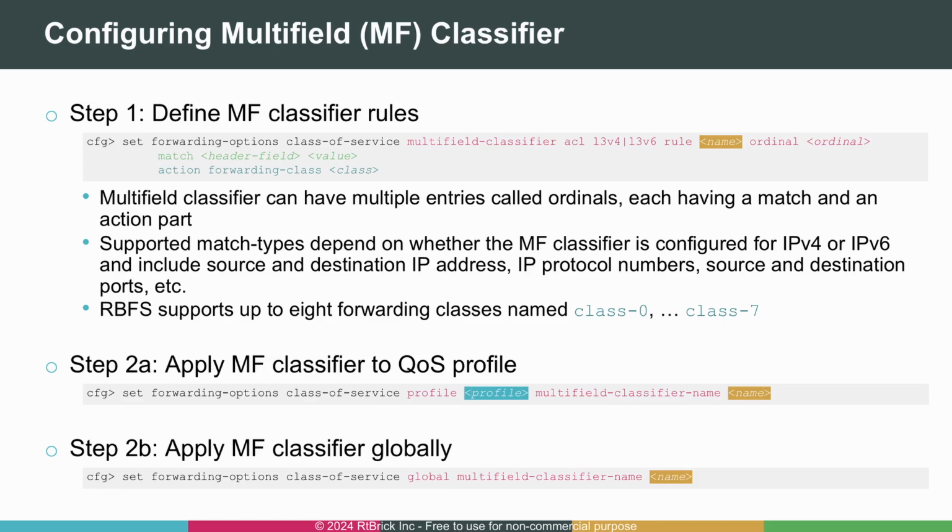The supported match types depend on whether the rule is for IPv4 or IPv6, and they include common header fields such as source and destination IP addresses, protocol numbers, and source and destination ports. A standard action is assigning the packet to a forwarding class. Like BA classifiers, multi-field classifiers are usually assigned to a QoS profile. Alternatively, they can be bound globally to cover all interfaces.